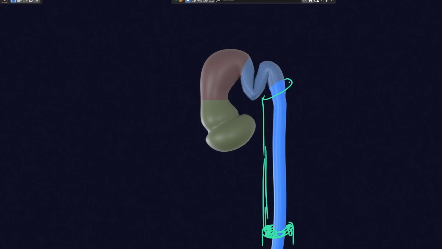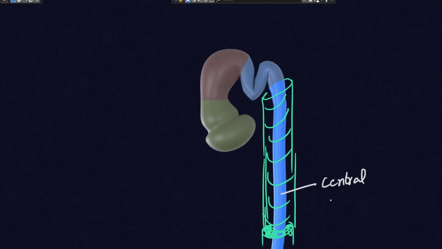The original lumen of this tube will become much narrower, and it will become the central canal of spinal cord.